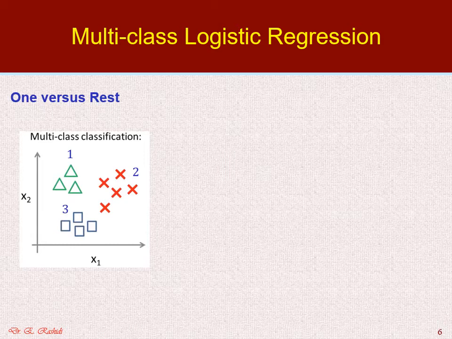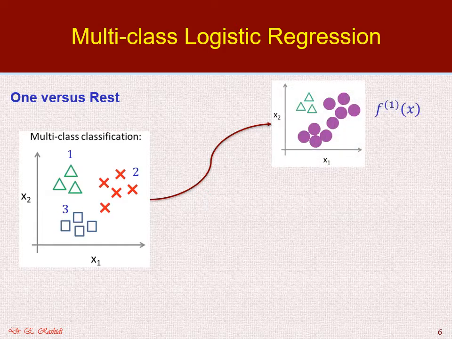Right? So here we have 3 classes, so we need 3 logistic regression models. For the first one, we consider the triangles as class 1, and the crosses and the squares, or class 2 and class 3, as the 0 class.